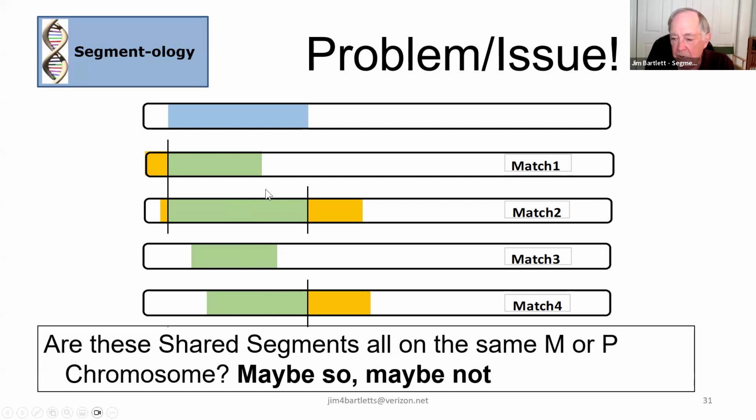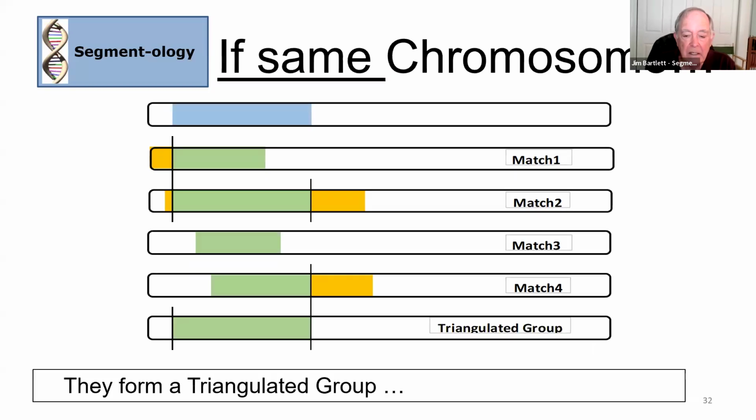You don't know. So you have to figure that out. So that was a good question, Sydney. If they are on the same chromosome, you have a triangulated group. If we've got time, I'll talk more about these triangulated groups because that's an important concept. The triangulated group means they all have the same ancestor.